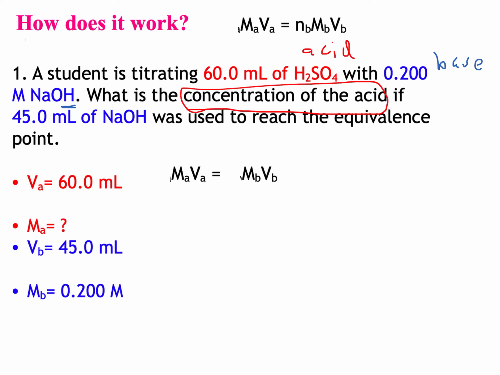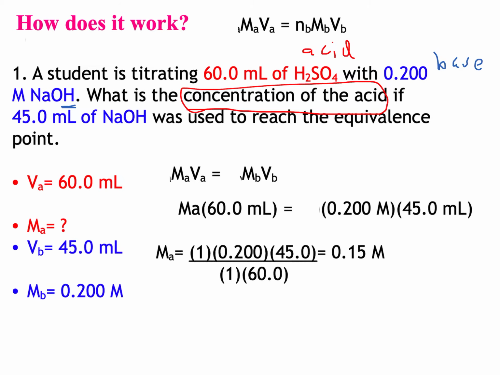That's important. So MAVA equals MBVB. We just plug in our numbers, right? We're solving for MA. We know everything else. Then when we move things around, we get 0.15. So the molarity of the acid, or the concentration of the acid, is equal to 0.15 molar.